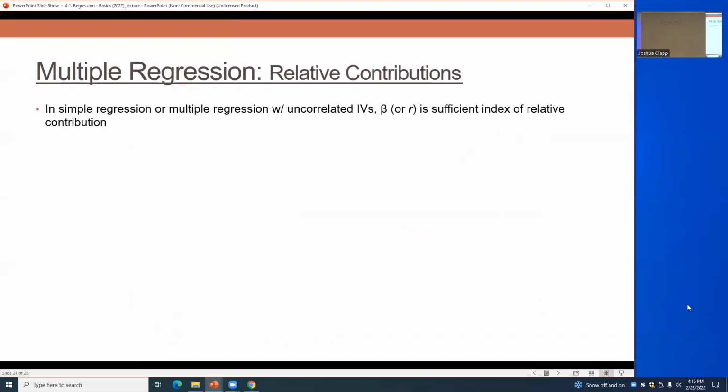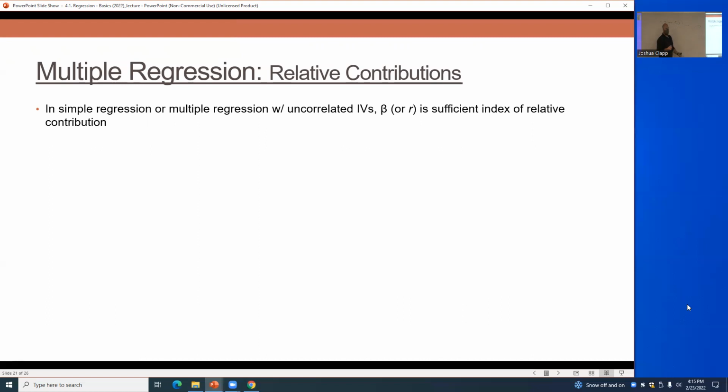So thinking about relative contributions in our multiple regression models, if I've got a simple regression or multiple regression where my predictors are uncorrelated, okay, my standardized coefficients or my bivariate correlations, these are a reasonable index of relative contribution. Okay, if I have here's my total outcome, and then here's x1, and here's x2.